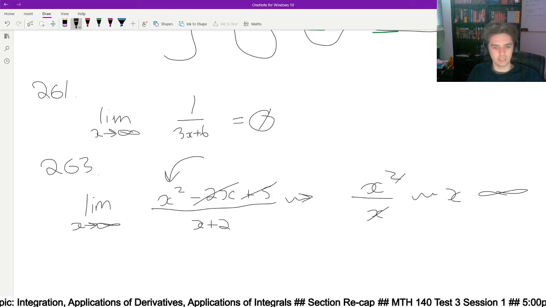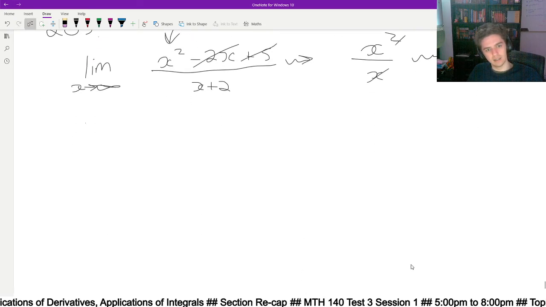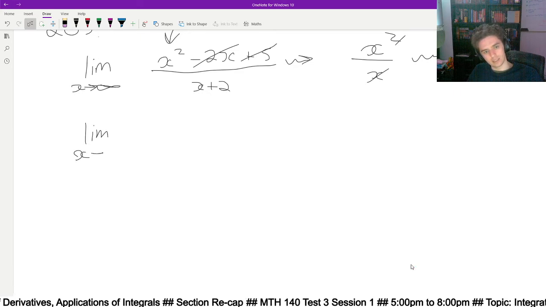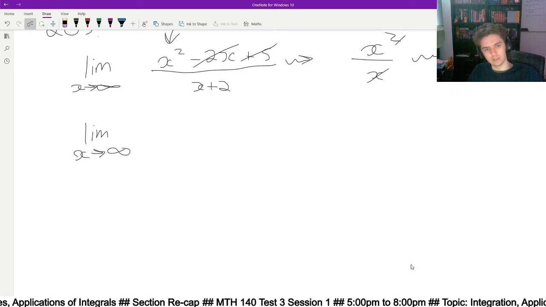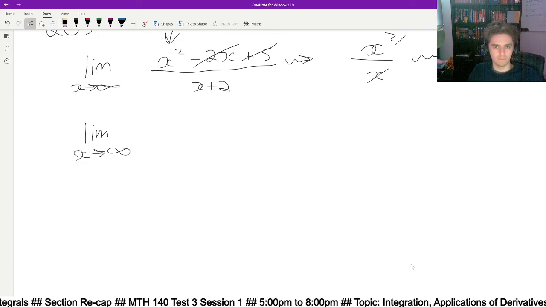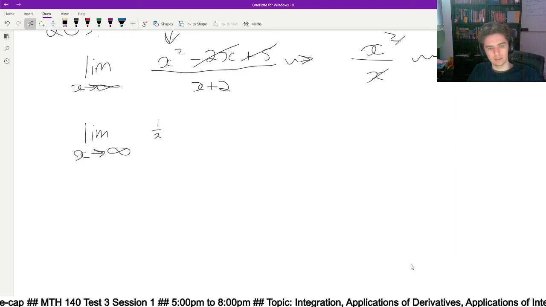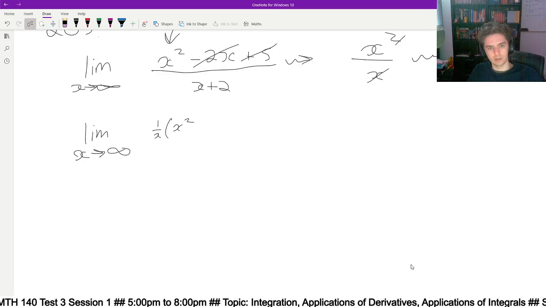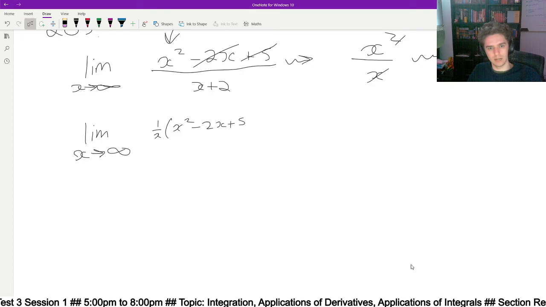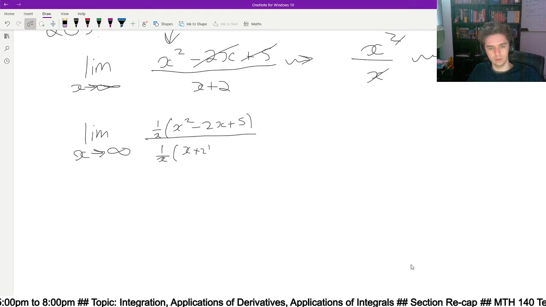That process I just did is identical to this idea, which is kind of more practical, I think, of dividing the top and bottom by the highest power of x that is in both of them. So this would be x. So I would say 1 over x times x squared minus 2x plus 5, over 1 over x times x plus 2.